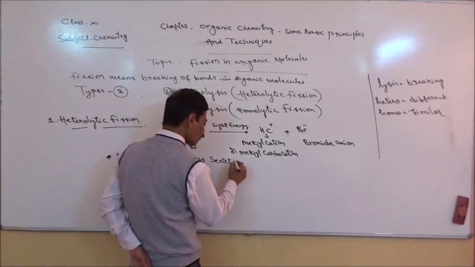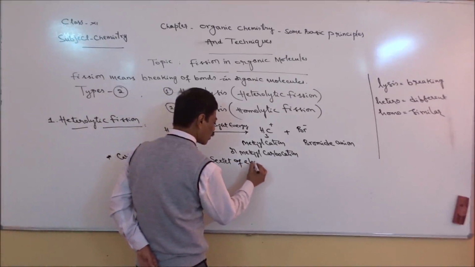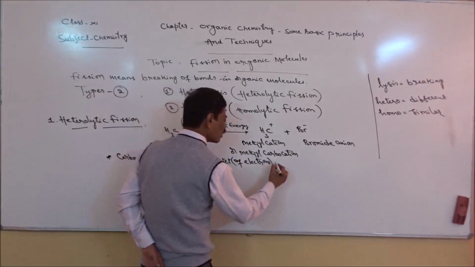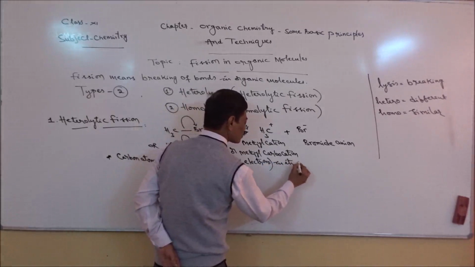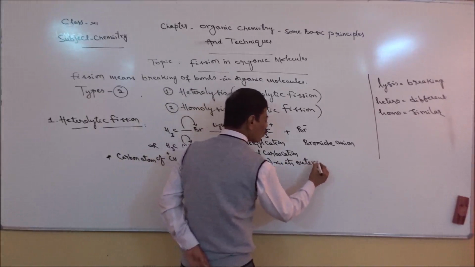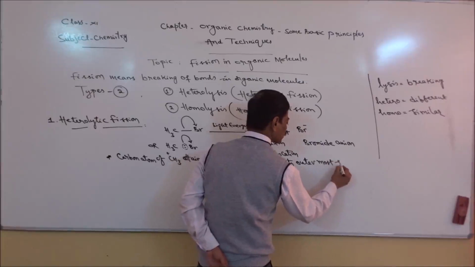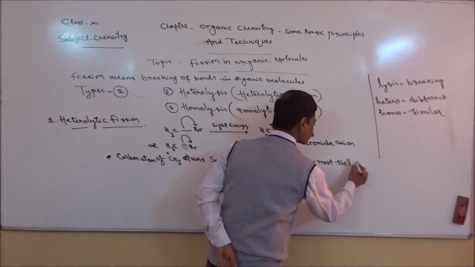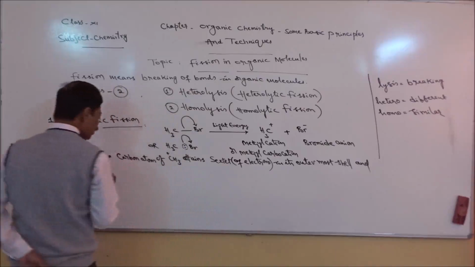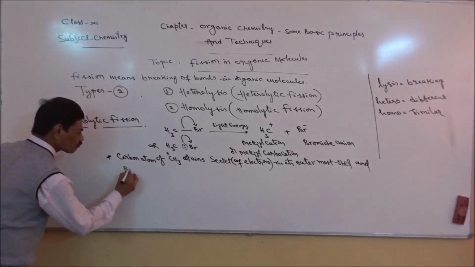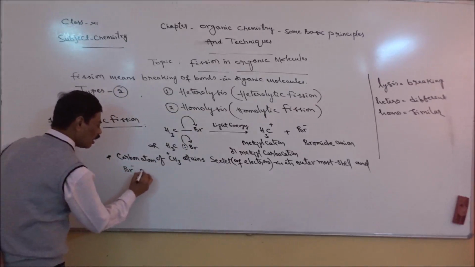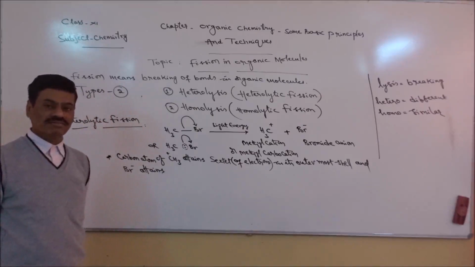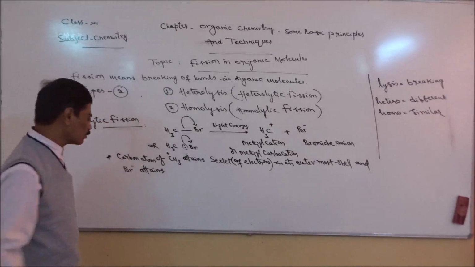Sextet of electrons in its outermost shell, and Br minus attains 8 electrons in its valence shell. 8 electrons means octet.